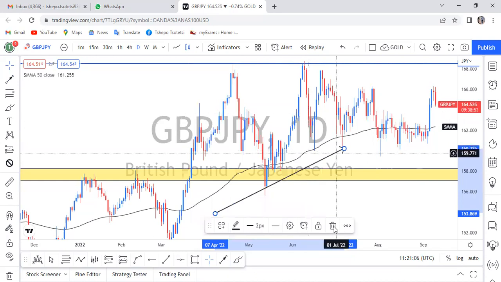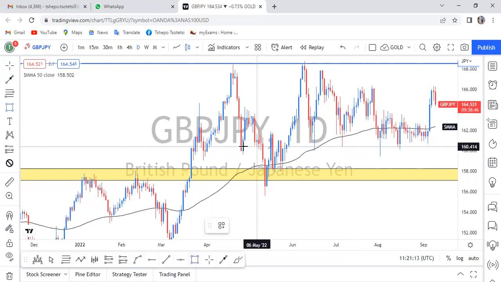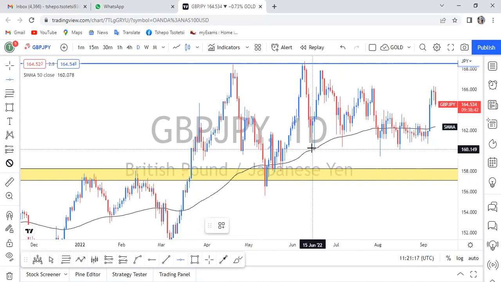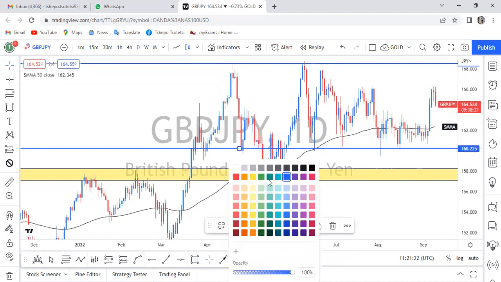So we can say we have another support looking at our daily time frame. Let me change a color so that we can know where it is coming from. I will make it green.